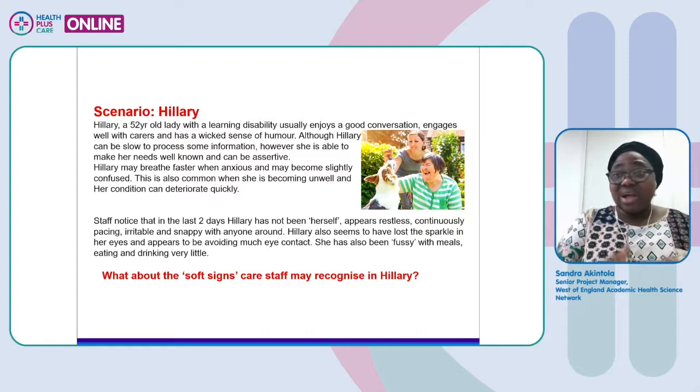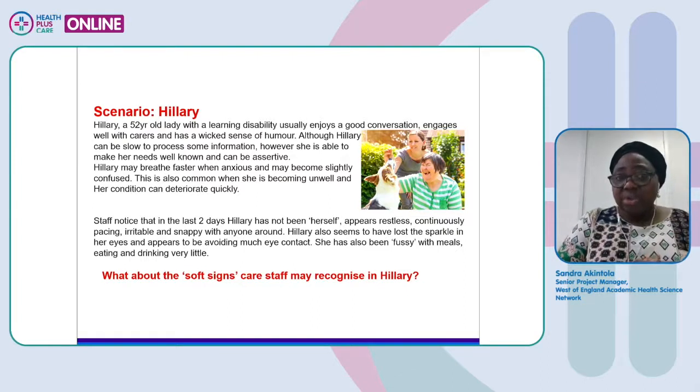And of course, if there is a service that does monitor vital signs, staff will be encouraged to use the National Early Warning Score tool to do that and to record the observations and calculate the scores.